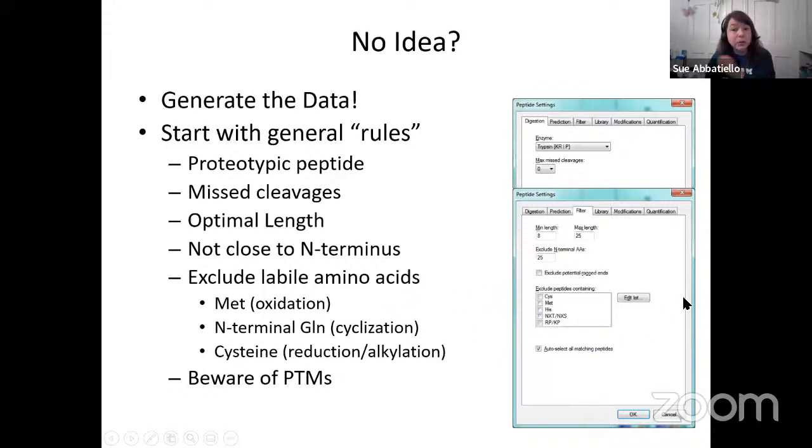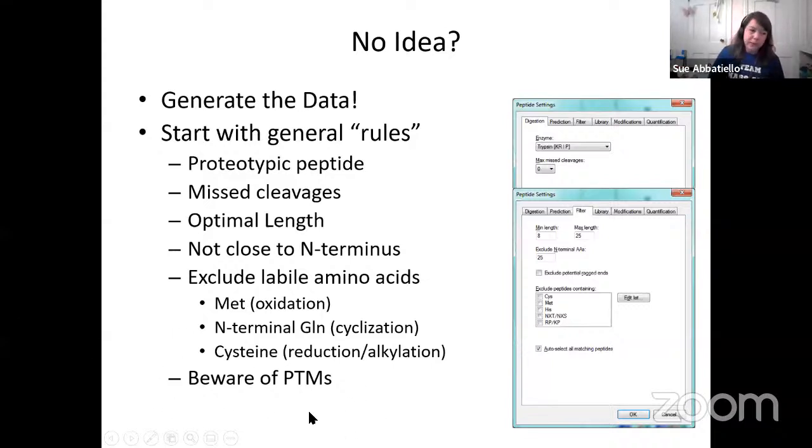Make sure it's not close to the end terminus of the protein, because you might have exoproteases going in and chomping up your protein. Generally, we like to exclude labile amino acids like methionine because it's prone to benchtop oxidation, which means your peptide is split into the non-oxidized and oxidized methionine forms, which differ by mass to charge and often retention time.